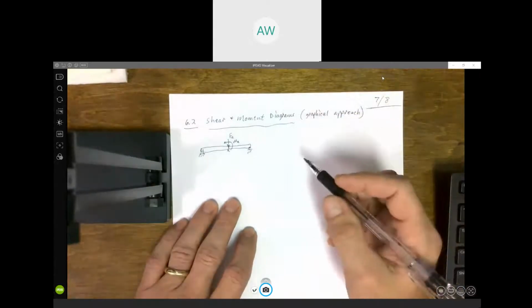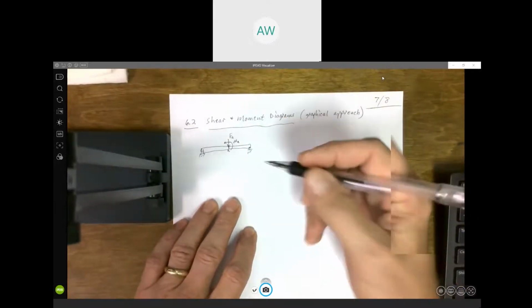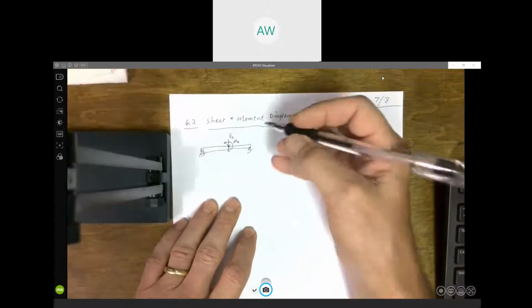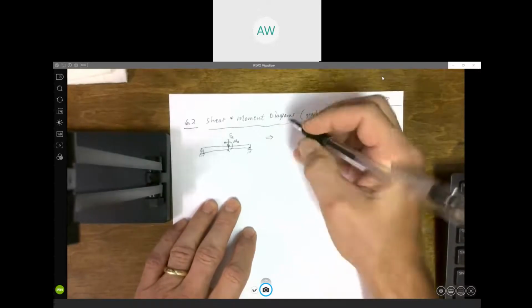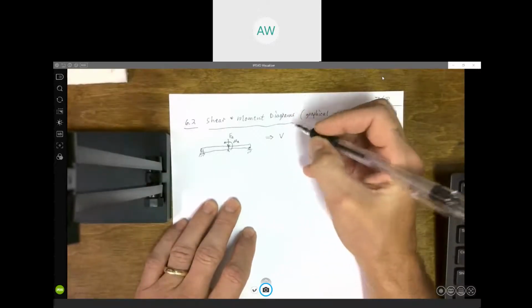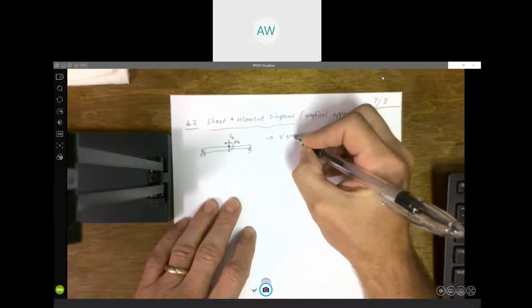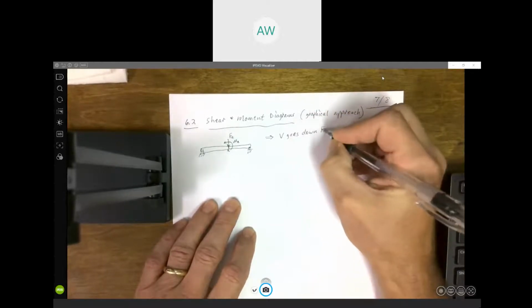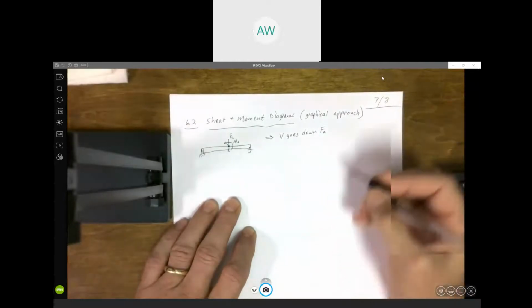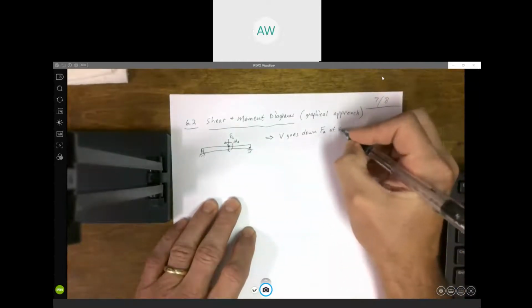Not going back through this, but just to remind you, what we found was that for a situation like this, if we've got a concentrated force, then the shear force V is going to go down whatever magnitude that force is, right, at that point where it's applied.